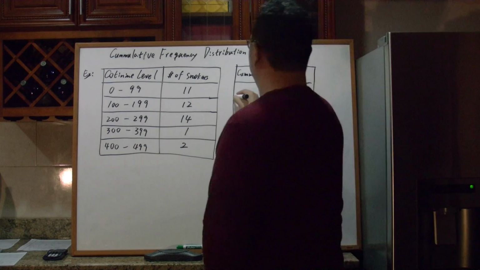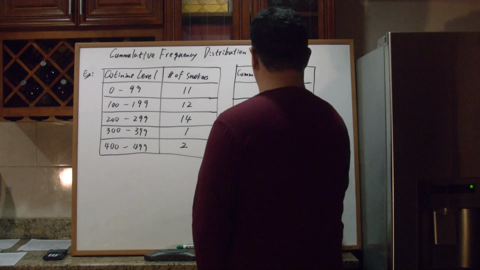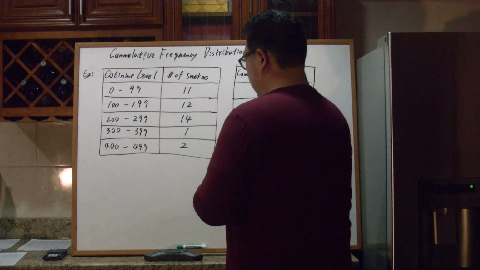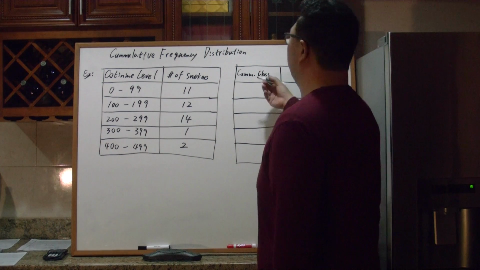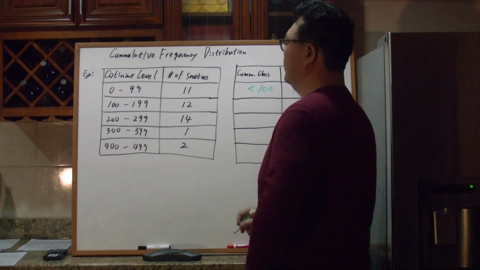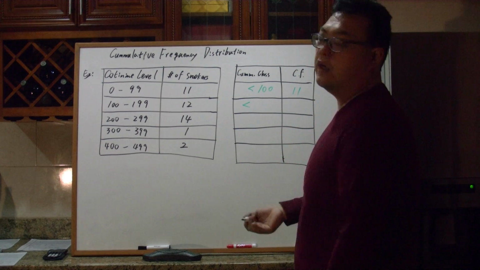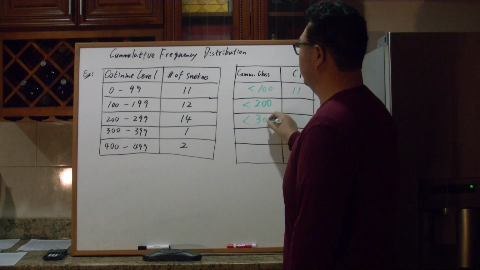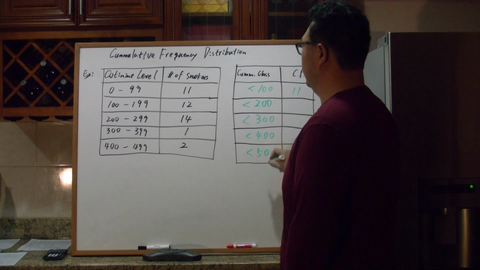Right, then we have 5 classes, then we need 5 classes for the class boundaries, or cumulative classes. Right, the first one is the continuous level below 100. For the second class, that's taking everything from 0 to 199, which is below 200, and so on, right? Below 300, 400, and the last one is below 500, everything we take in.